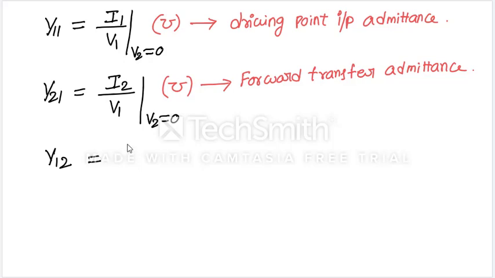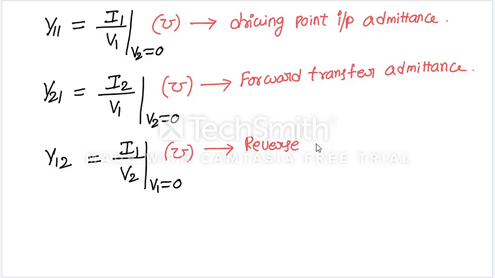Next, y12 is I1 by v2 when v1 equal to 0, and the units are mho. This is the reverse transfer admittance.